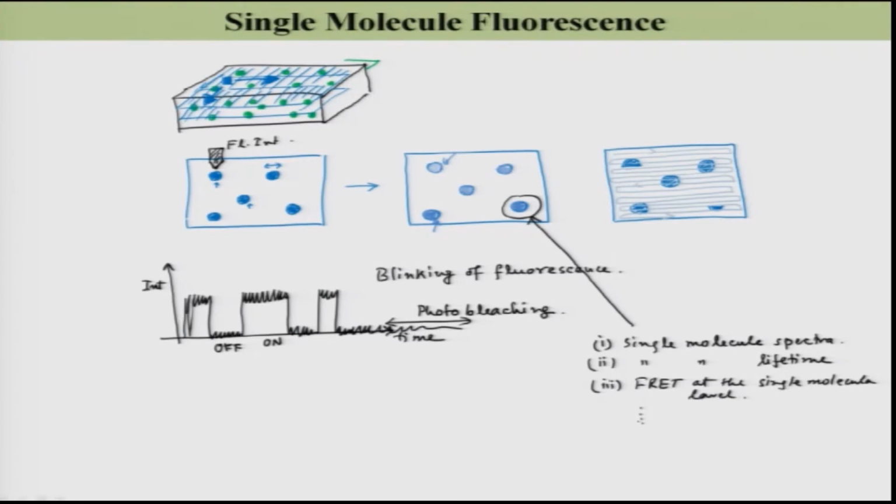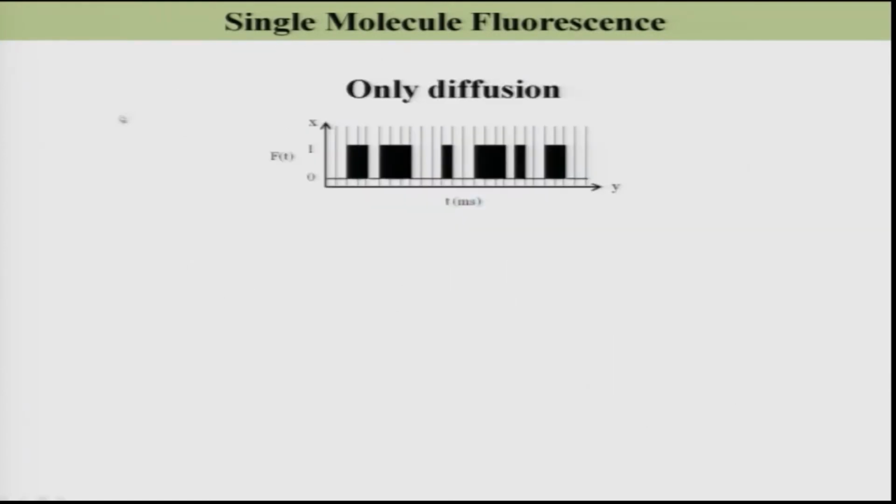But I would like to tell you one important application which is not in the solid matrix, but in the solution state, right. And if this is my observation volume, now you have a clear idea about this observation volume, right. When the molecule comes within this observation volume is my molecular trajectory.